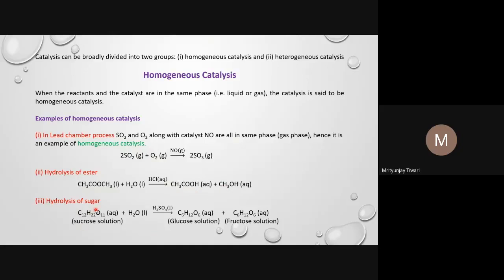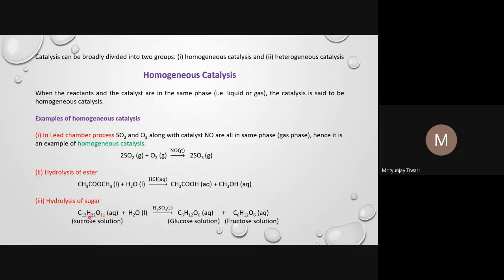Another example is the hydrolysis of sugar. We use sucrose solution for its hydrolysis. The sucrose is first dissolved in water, so the water molecules are already there. One of the reactants is water because water is consumed during the hydrolysis.